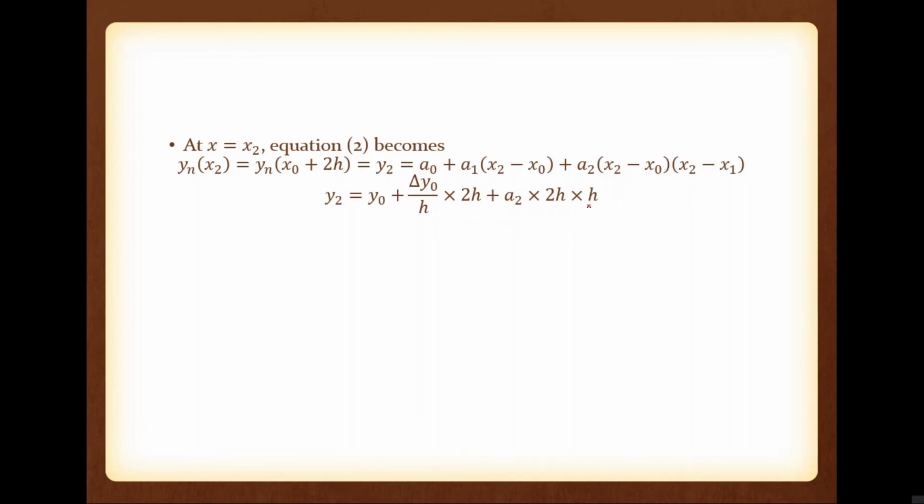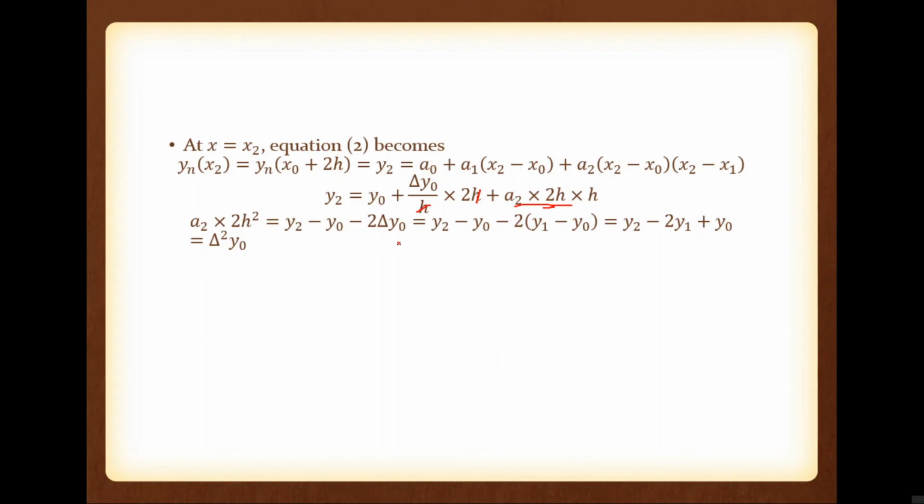Except a2 into 2h square, we can move all other terms to this side. So a2 into 2h square is equal to y2 minus y0 minus 2 delta y0. Why is it 2 delta y0? Here we have delta y0, then h and h are cancelled, the remaining one is 2. If we move these 2 delta y0 to this side, we have minus 2 delta y0.